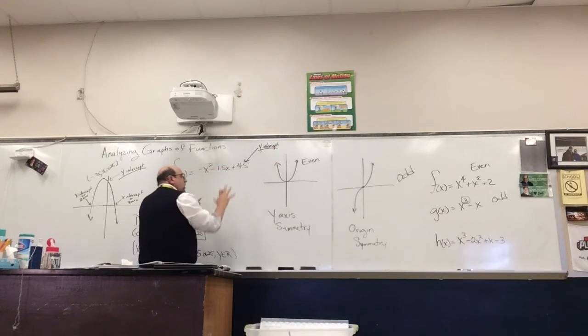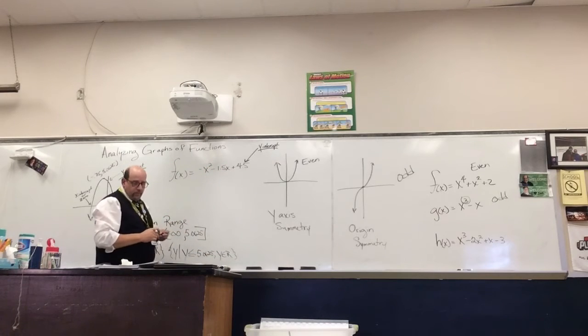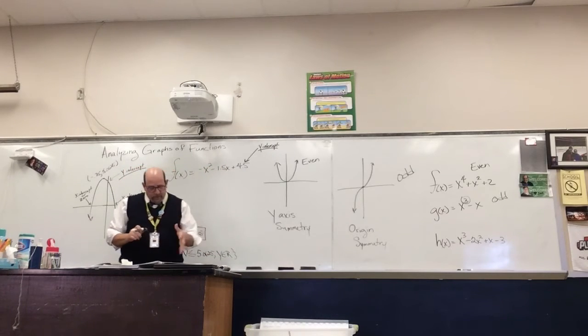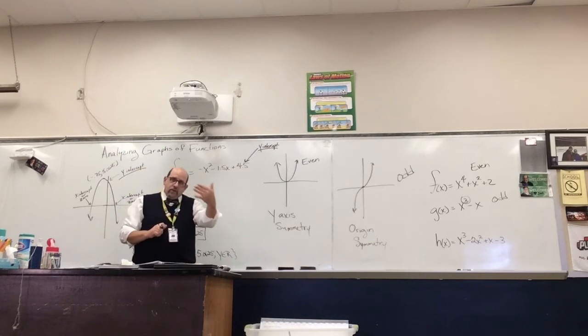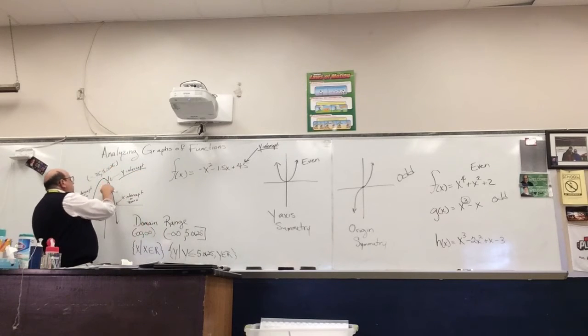But you can see that that's the y-intercept. So if your function has any constant, then you definitely have that constant as your y-intercept. And you'll look at the graph, and you'll see, oh yeah, it does cross at 4.5. You know, if this is a little over 5, then this definitely is 4.5.